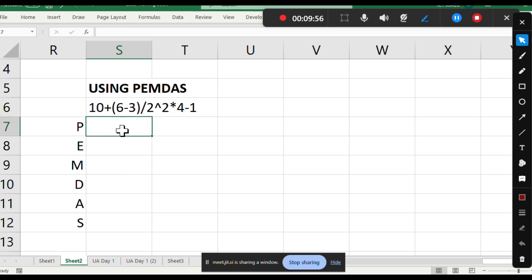The first thing to do is the parenthesis, this one that is here: 6 plus 6 minus 3. That's the first thing to pick.